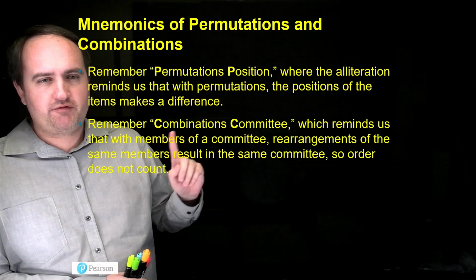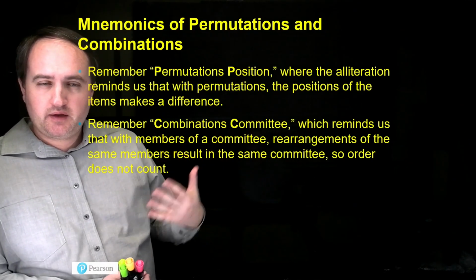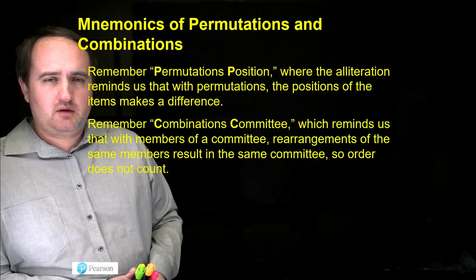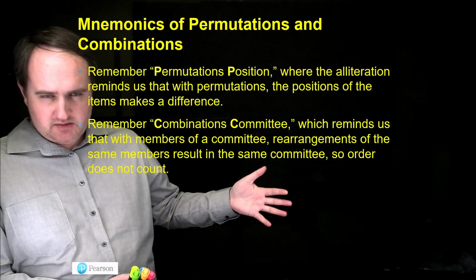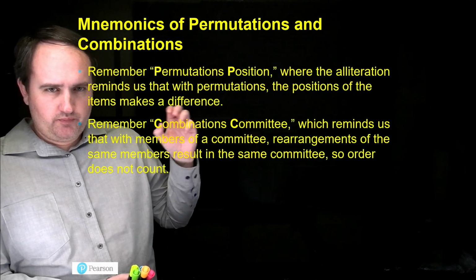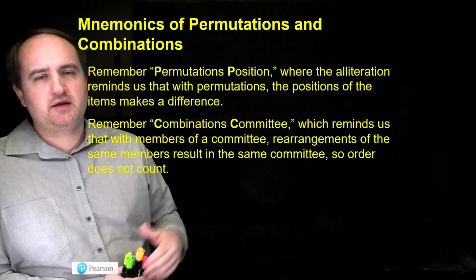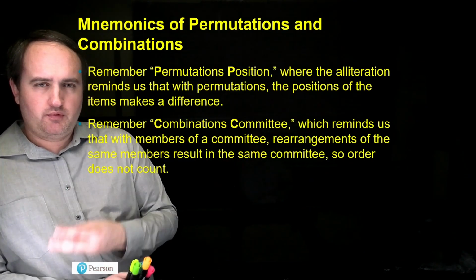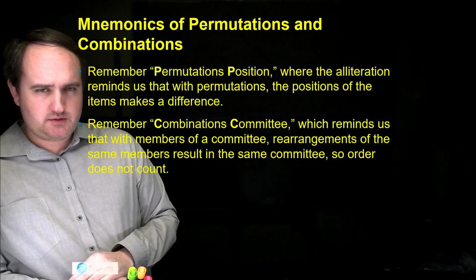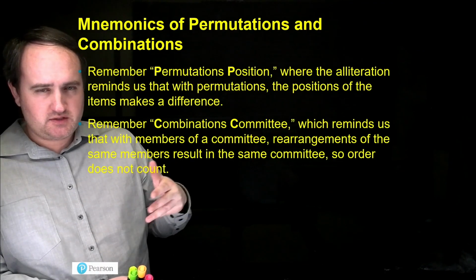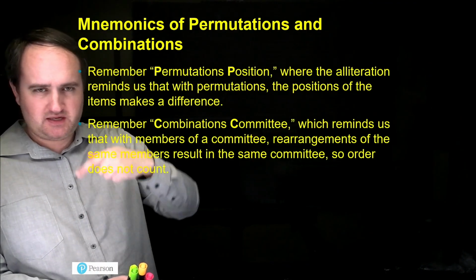And if you think of a combination plate at a restaurant, for example, if there are 6 possibilities to put on your combination plate and you're choosing 3 dishes, nobody cares about the order of those 3 dishes. They're just put on the same plate, right?